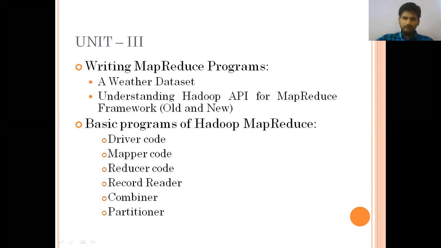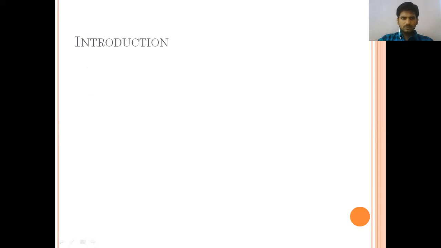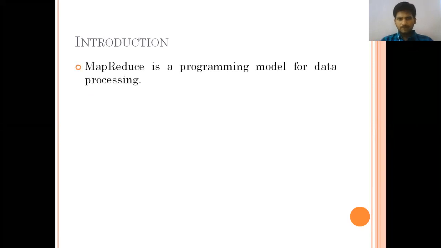So what is this weather data set? How are we going to begin? Simply, here we have this introduction. MapReduce is a programming model for data processing. How are we going to process the data?